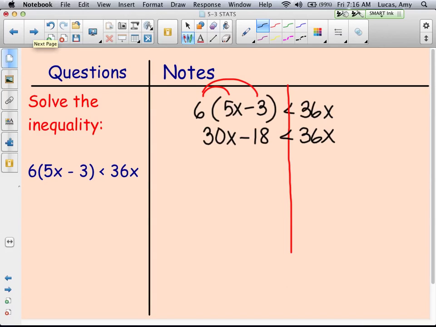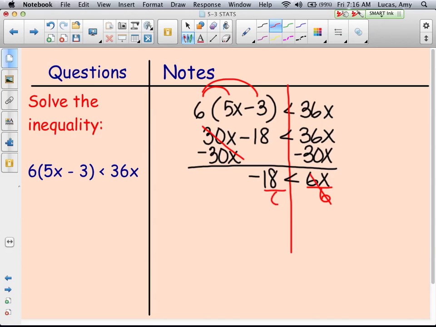Now I have a variable on each side, so I'm going to subtract away the smaller variable. So negative 18 is less than 6x, and then divide by 6 on both sides. So negative 3 is less than x, or x is greater than negative 3.